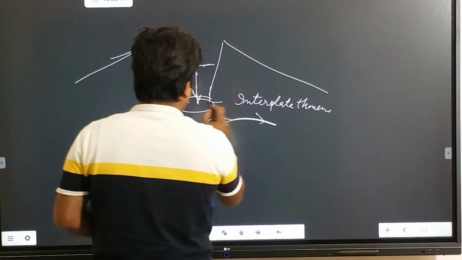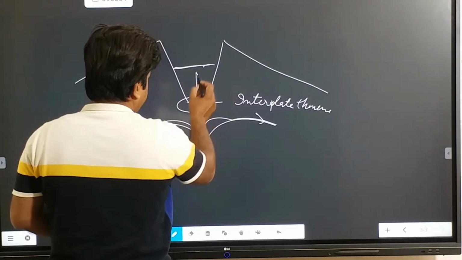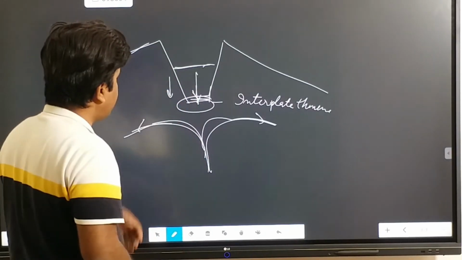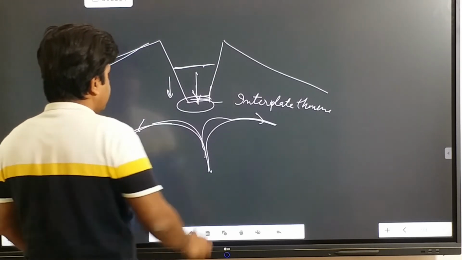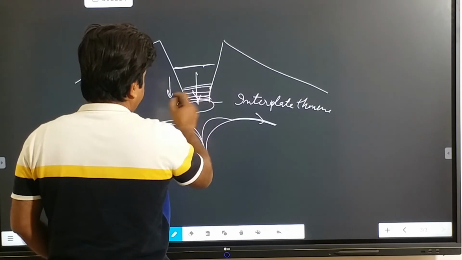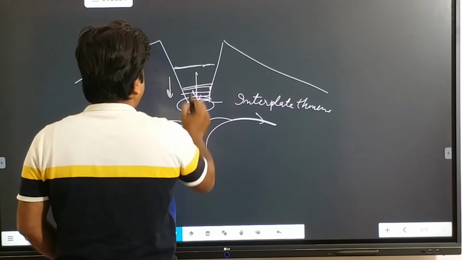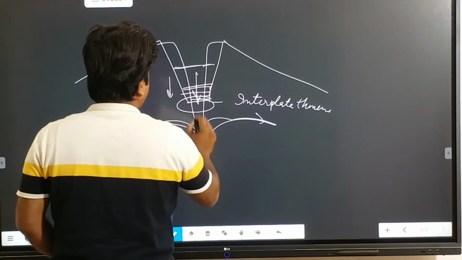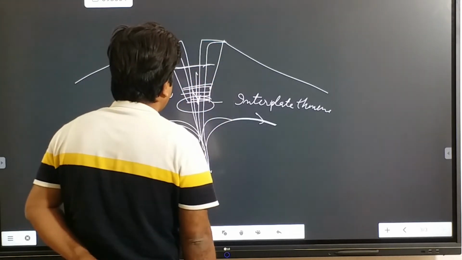So whenever this block will get melted, it will subside even more. Why it will subside? Because of the isostatic adjustment. It will subside, and then again it will get melted, and finally this whole block will get melted, and magma will start coming from this fault, and it will start getting welded on both the sides of this fault.